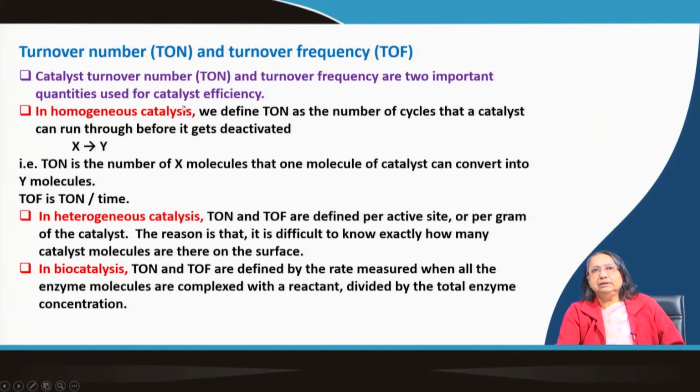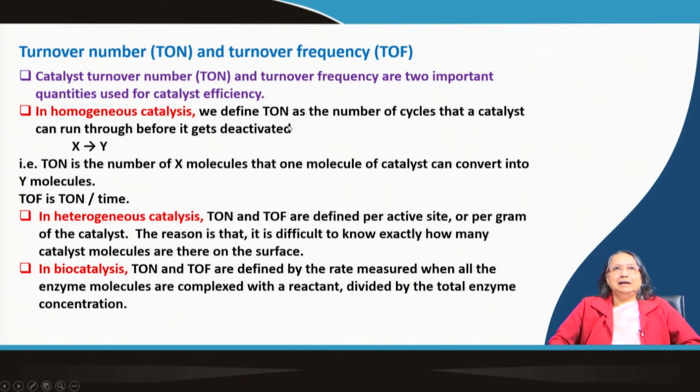What is this? In homogeneous catalysis, we define TON as the number of cycles that a catalyst can run through before it gets deactivated. How many runs it can go, okay. Also, TON is the number of X molecules that one molecule of catalyst can convert into Y molecules.